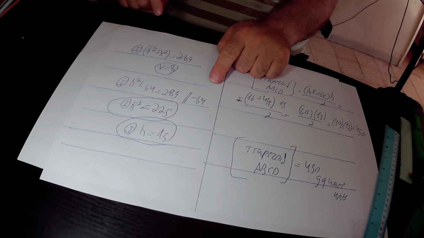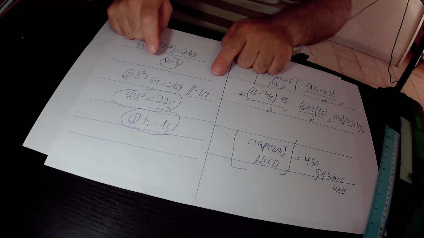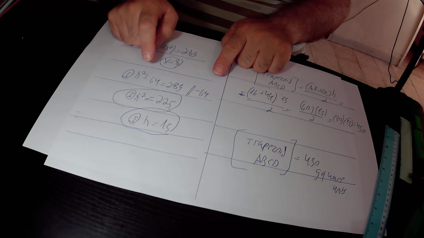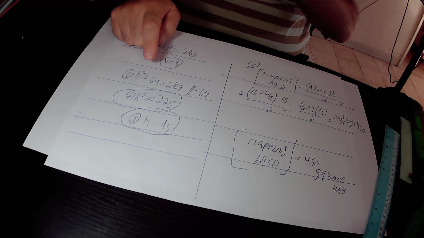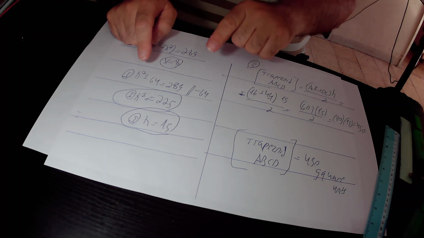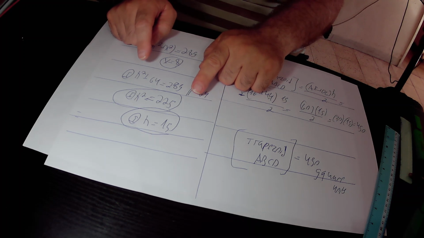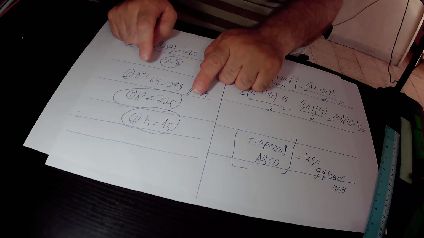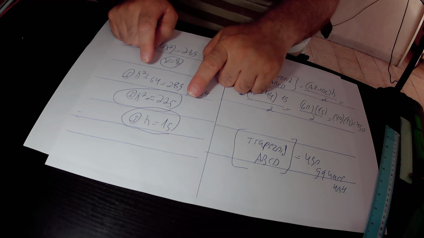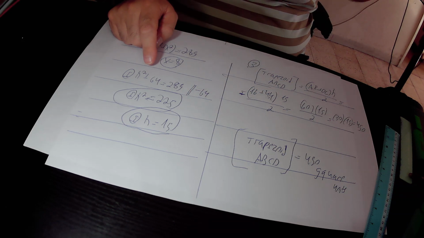Here we subtracted 64 from both sides, and found that H squared equals 289 minus 64, which is 225. Here we took the square root, and finally found out that H equals the square root of 225. The square root of 225 is 15, so H equals 15.